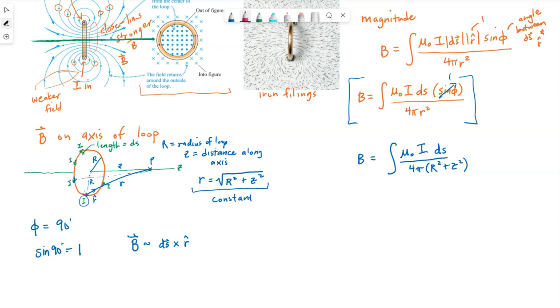Putting my thumb in the direction that points down and towards the bottom of the loop, the general direction of my fingers is pointing this way. It has to be perpendicular to r hat, and r hat lies along r.